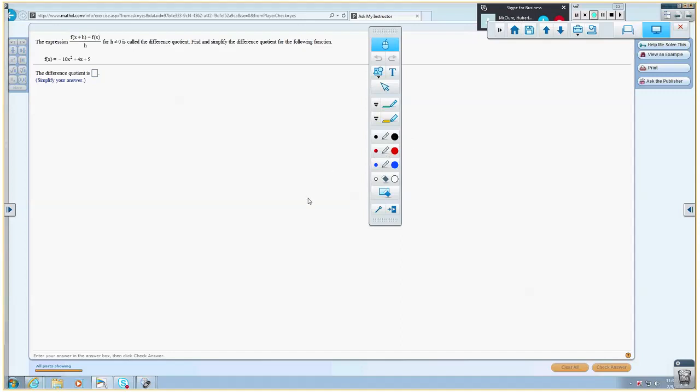Anywhere there's an X, you're going to have to put a big set of parentheses. You put those in brackets and then subtract the trinomial and then start combining like terms.